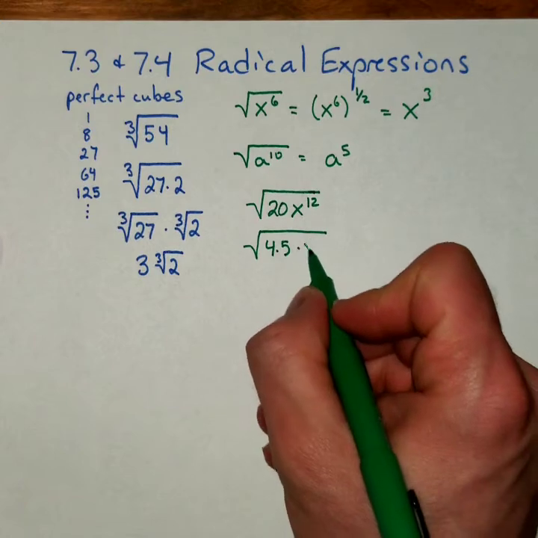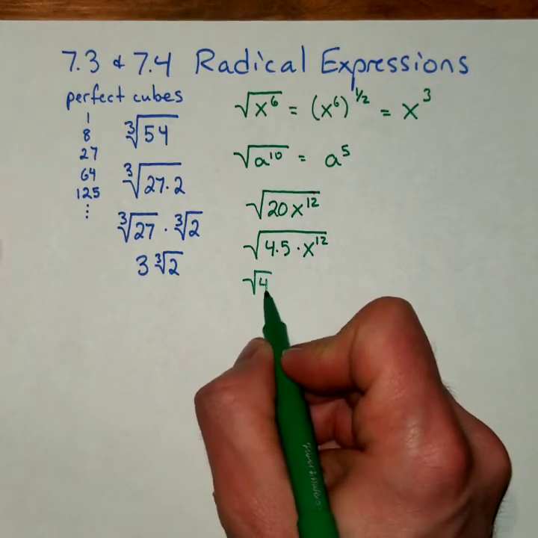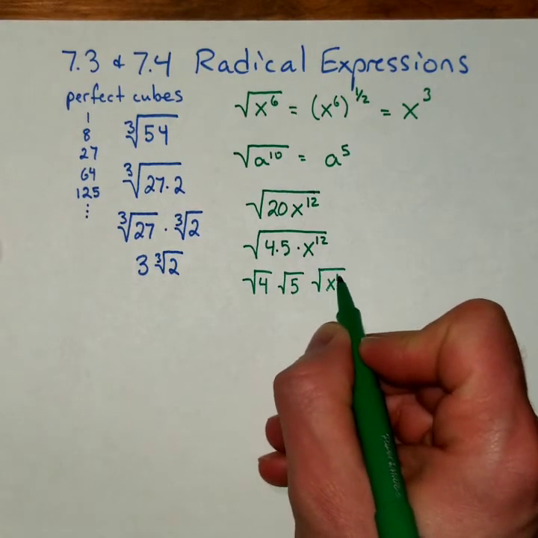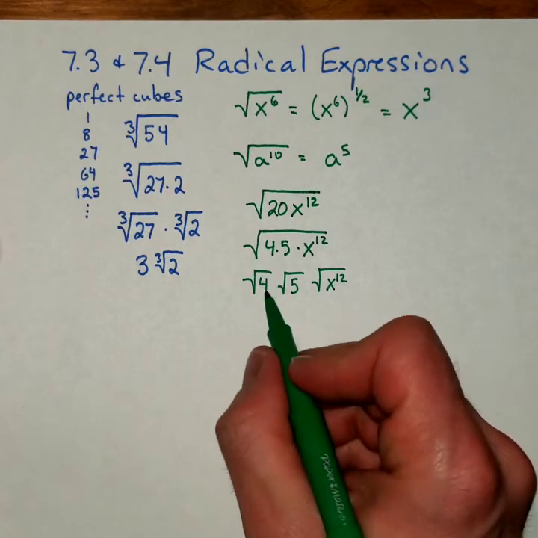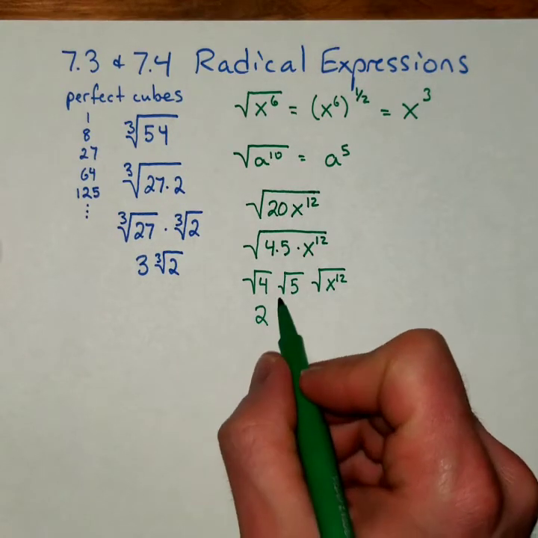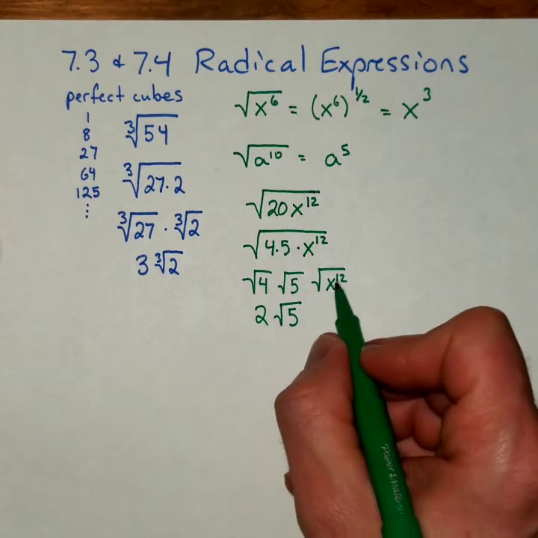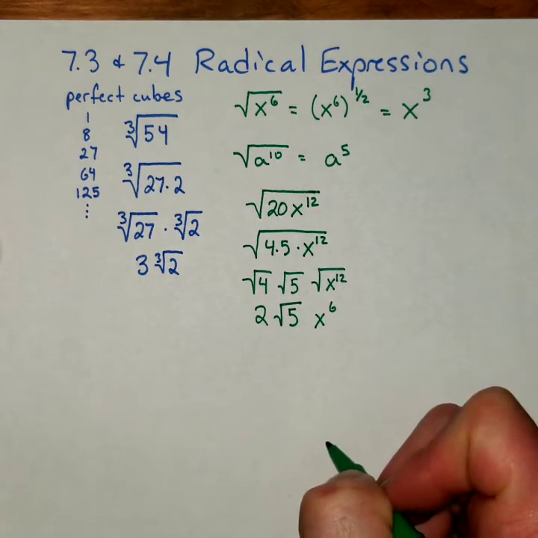And you're going to also have that x to the 12th in there. Then when you do the square root of each of these, they simplify differently. So the square root of 4 we know is 2. The square root of 5 actually doesn't simplify. And the square root of x to the 12th we know is x to the 6th. We cut the power in half.